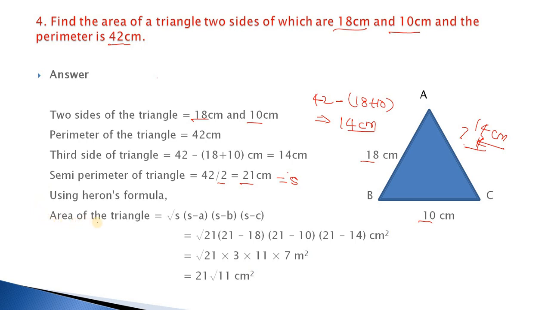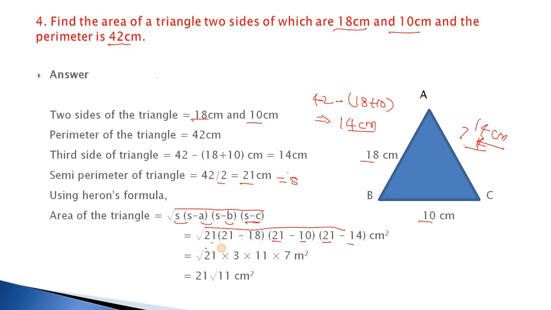As per Heron's formula, the area of the triangle is under root S into S minus A into S minus B into S minus C. We put the value of S, A, B and C. We get 21 into 21 minus 18 into 21 minus 10 into 21 minus 14.